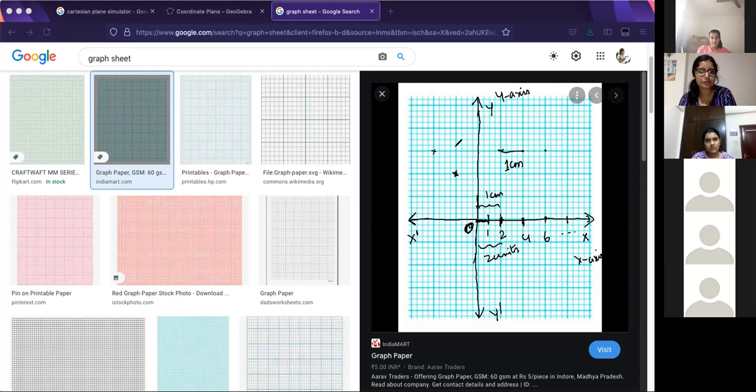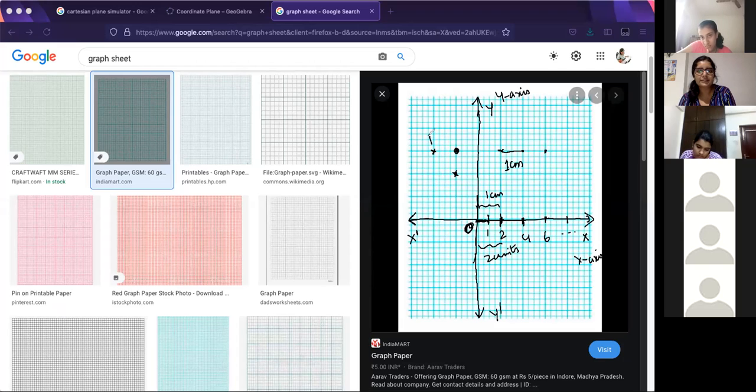Because if I just do a point with a pencil like this, it'll be hardly visible. So make it visible, but don't make it too big, otherwise there won't be clarity, like is it on 2, is it 2.1 or 1.9, where is it? So either do a small x like this, or plot it moderately big so that it's visible.